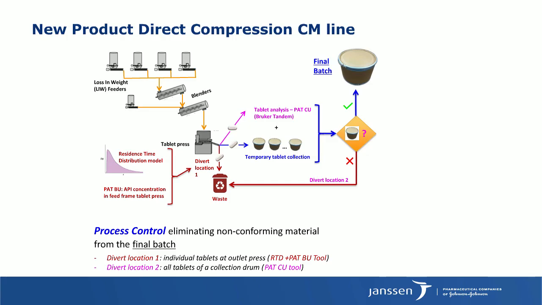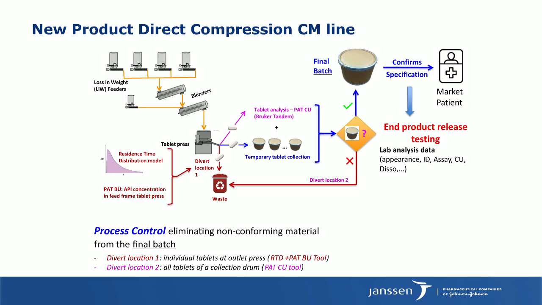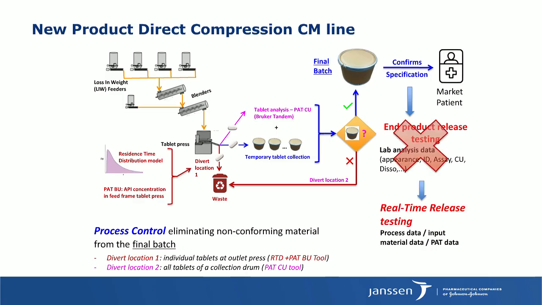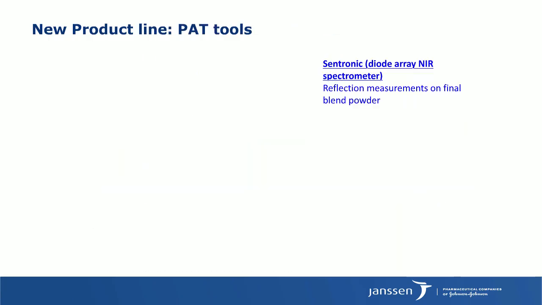If the drums are not removed, then the combination of all the temporary tablet collection drums will make up the final batch. And that final batch, of course, needs to conform to the specification, and that is done not via end product release testing, but via real-time release testing. In other words, we take into account the PAT data that we have collected during the manufacturing process itself.